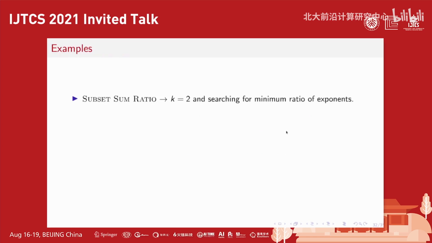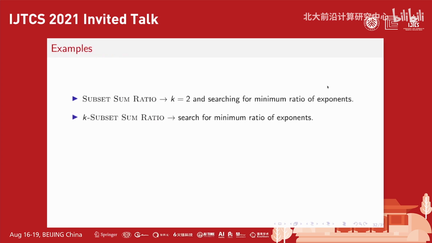Now we can use this polynomial to solve subset sum ratio. Subset sum ratio asks for two disjoint subsets of minimum ratio of their sums. We can simply have k equals 2 and search for the minimum ratio of exponents on the resulting polynomial.